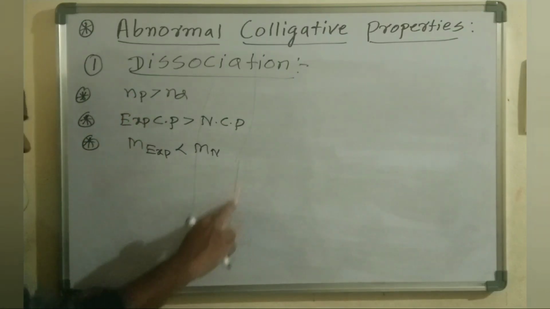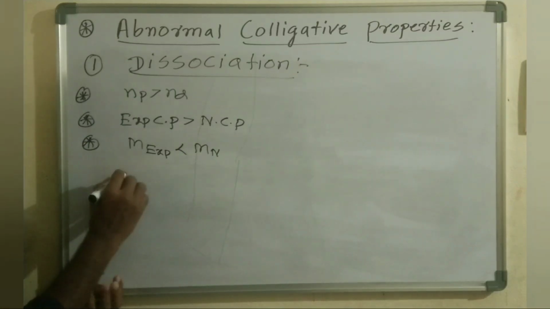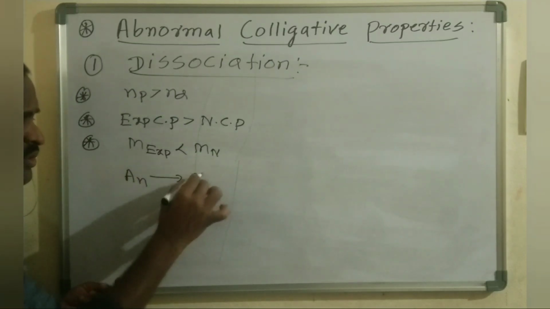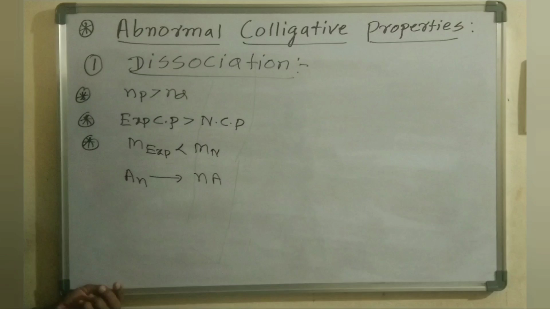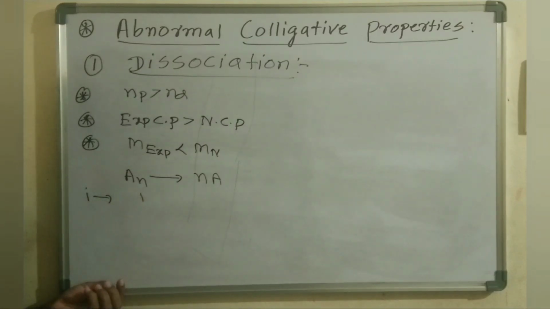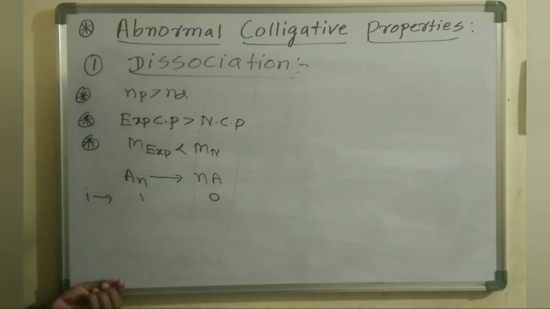I am taking the general form of an electrolyte, AN, which dissociates into N moles of A. Initially, suppose I take 1 mole of AN, and the moles of A are 0.